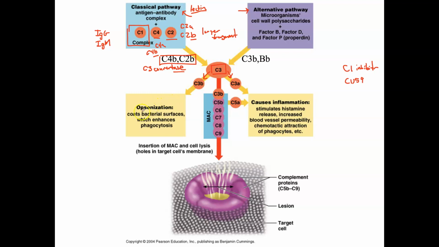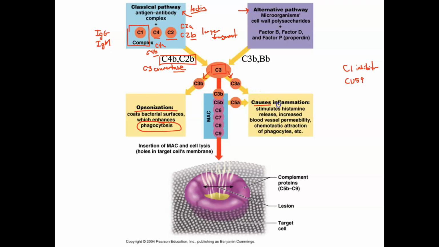C3b is a very good opsonizing protein, so it's involved in opsonization. Opsonization is where we can tag pathogens to make it easier for phagocytosis to take place. The C3a fragment is going to be involved in the inflammatory reaction.